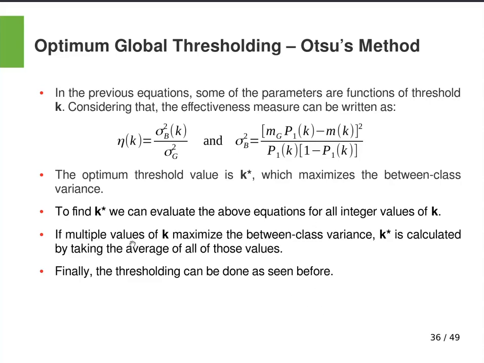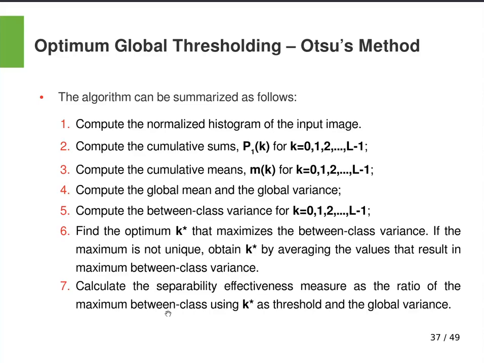To find it, we change the value of k over all the possible intensity values, and for each one we find the between class variance, and whichever gives the maximum is the optimum threshold. If multiple values of k maximize the between class variance, you calculate the optimum k by taking the average of all those k's that give the maximum. And finally, now that we have found the threshold, we threshold the image as we saw before.